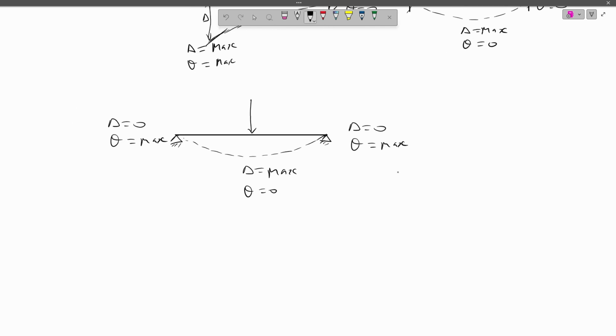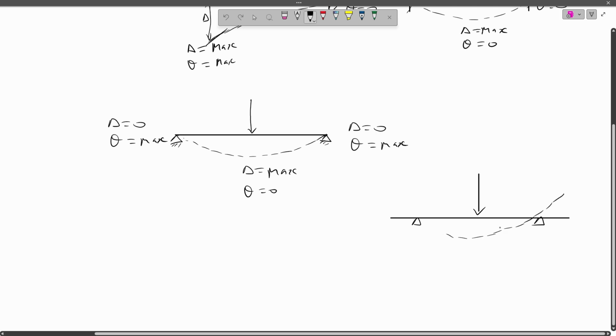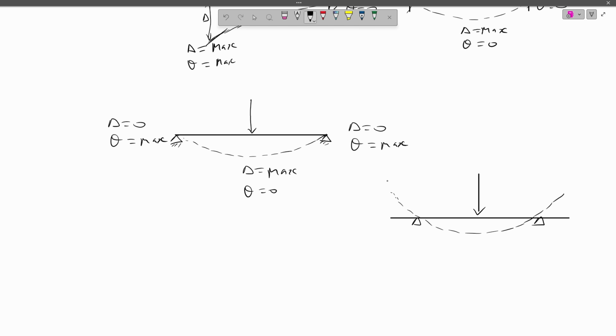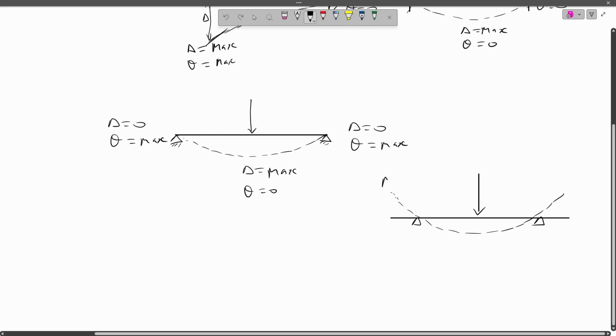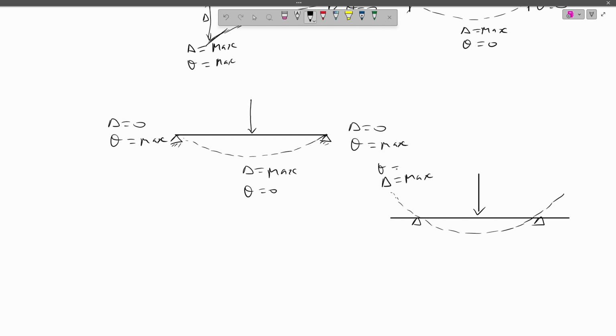Now let's look at an overhanging beam. Our overhanging beam, when the force is applied, is going to bend like that, and at the ends our deflection is going to be max and our slope is going to be max.